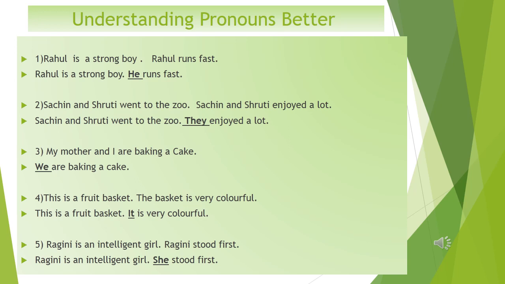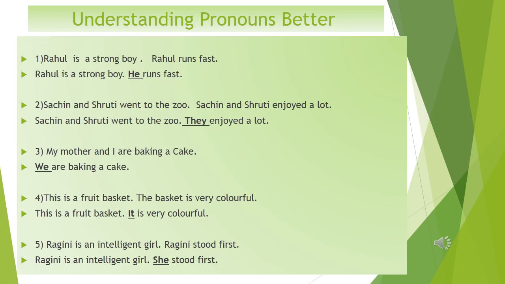So instead of repeating the name Rahul again and again, it is better to write the sentence like Rahul is a strong boy. Now this is your first sentence and you have mentioned the name Rahul for us to know that we are talking of some boy whose name is Rahul. But in the other sentence, you do not need to repeat Rahul.